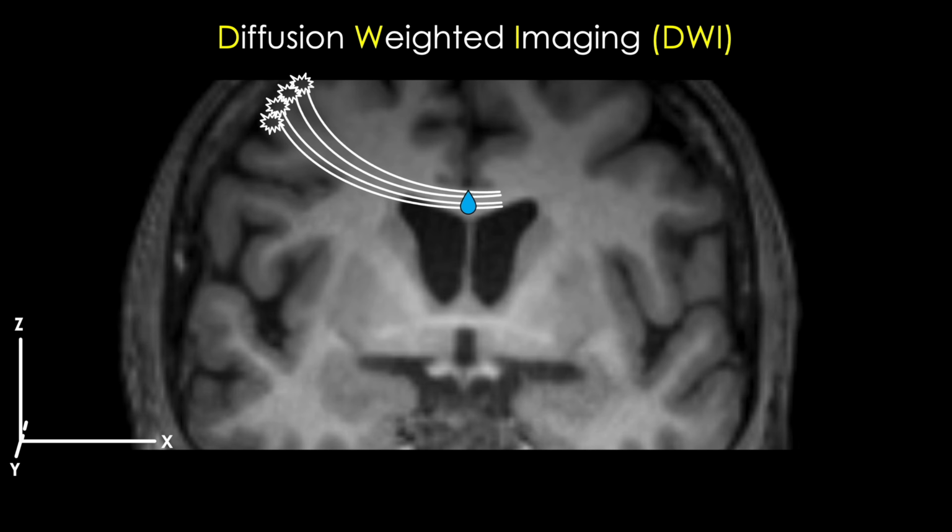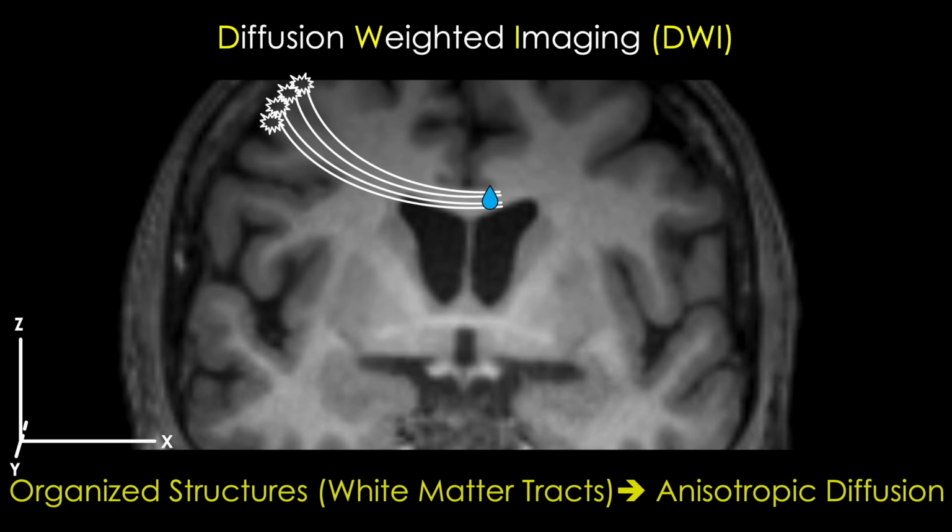Or could it be that it's bound along these highly organized white matter tracts and will move most freely along the direction these tracts run in? The x direction in this example. This is what we call anisotropic diffusion, movement of our water protons that is not equal in all directions, but in fact prefers to move in a particular direction due to the surrounding microstructure.